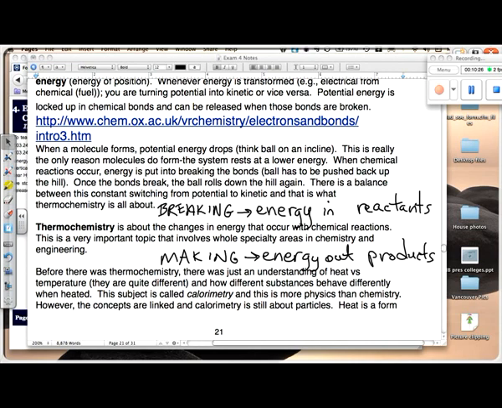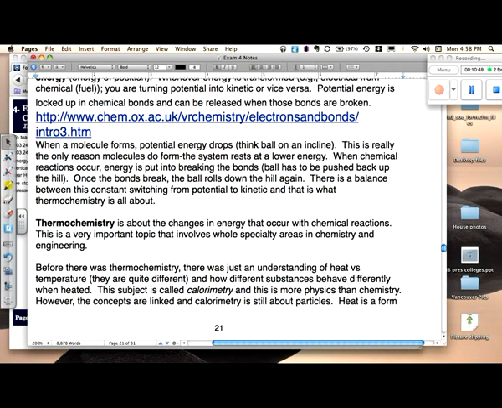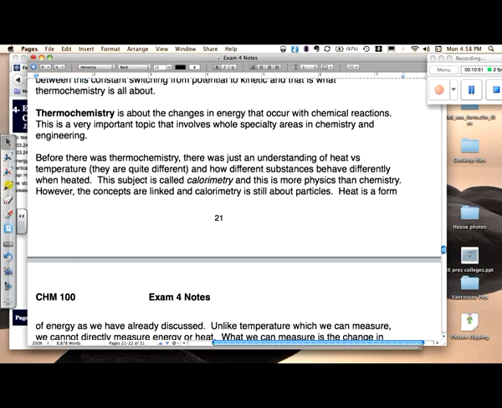However, before we started studying chemical reactions, physicists and scientists were studying transferring energy back and forth in a subject that is called calorimetry, where you measure differences in temperature for different types of processes and so on. It's still about particles, but there really are no chemical formulas.